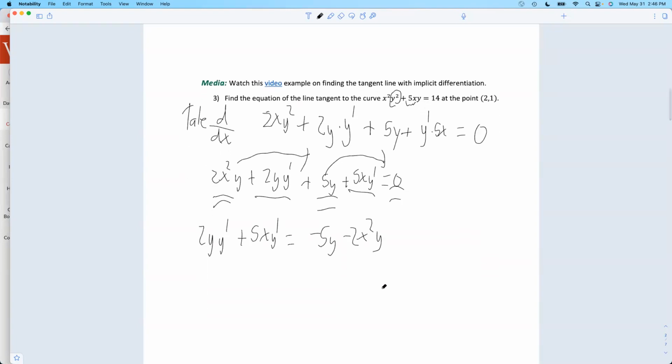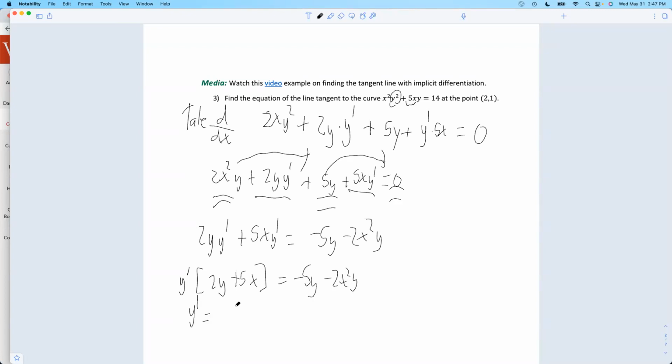And then your next step every single time. See how I've got two terms and both have a y prime. I can now factor a y prime out from this left side. If you can't do that, you've done goofed. This will always be possible. And then divide over.